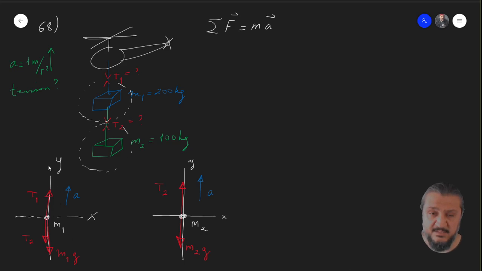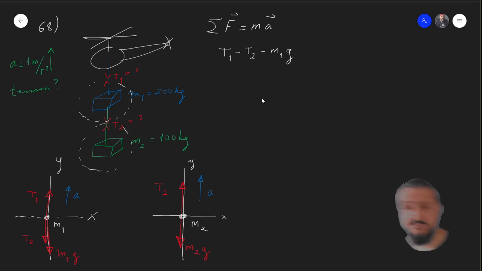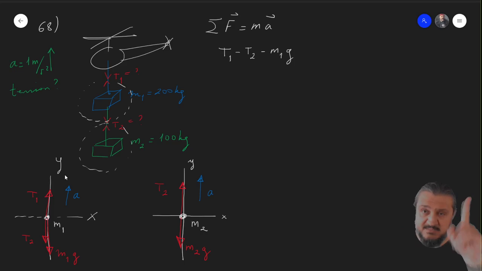But if you write the second law for the first free body diagram, what do we have? We have T1 pointing up, and T2 and M1G are pointing downward. Therefore, they will have the negative in front of them: T1 minus T2 minus M1G. The ones pointing up are positive, ones pointing down are negative.